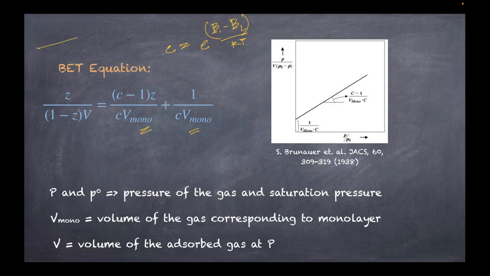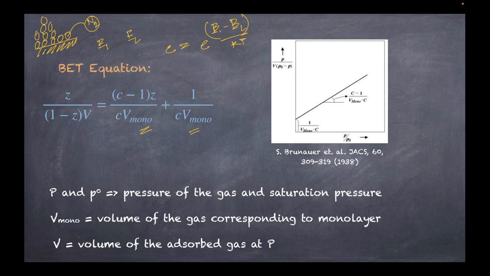Let's say this is the solid surface and nitrogen gas is adsorbing here. For the first layer, the heat of adsorption is E1. For the other layers, apart from the first layer, the heat of adsorption will be equal to EL, which is the heat of liquefaction or vaporization.